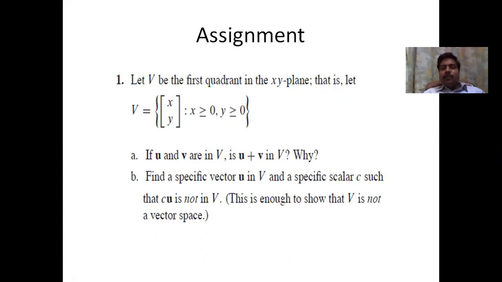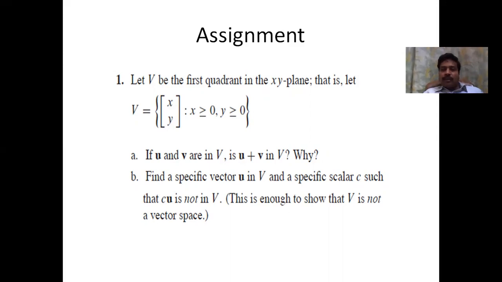If you take U's relation, let U equal x1, y1 and V equal x2, y2. Then U plus V will be x1 plus x2 and y1 plus y2. This is the second point. Whenever x1, x2, y1, y2 are all positive, x1 plus x2 is positive and y1 plus y2 is also positive.